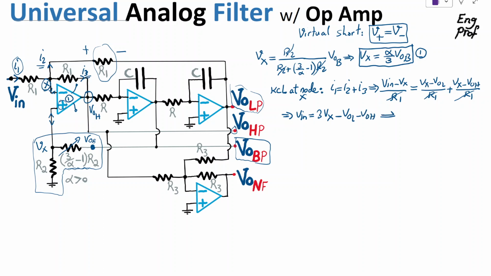Now substituting from equation 1 that we just found above for Vx, we see that this 3 in the denominator is useful because it cancels out this 3, and it gives us Vin is equal to alpha times Vout bandpass minus Vout low pass minus Vout high pass.